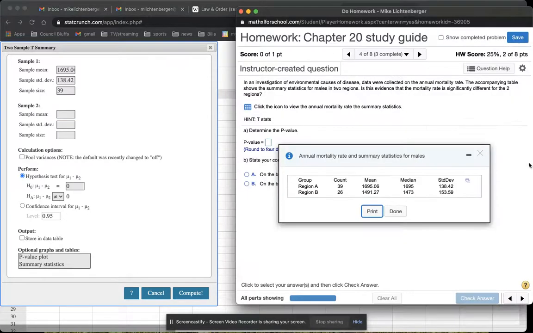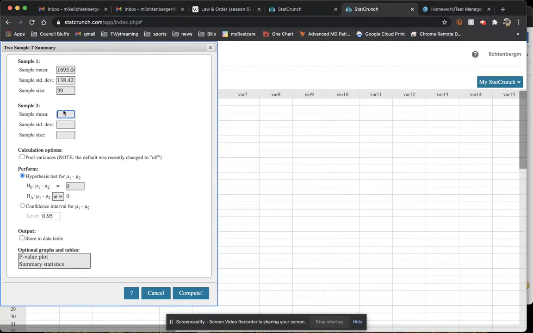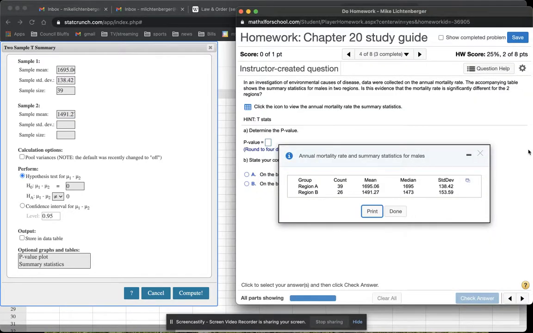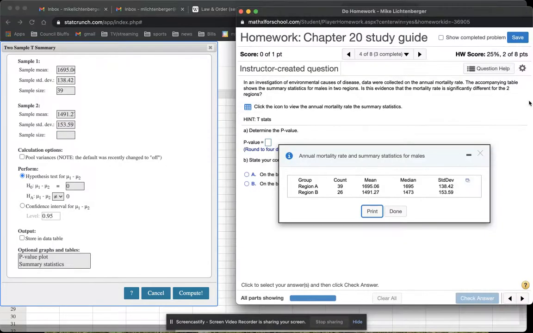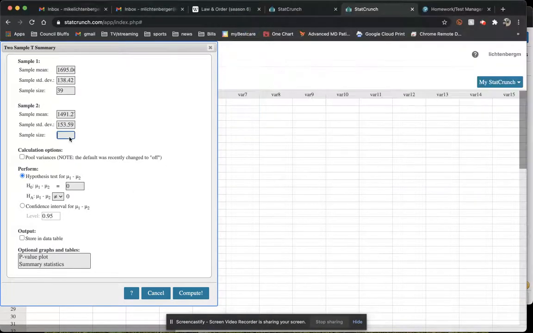Sample mean, let's see, for B, the mean is going to be 1491.27. Okay, standard deviation is 153.59. Okay. And my sample size is 26. Okay.